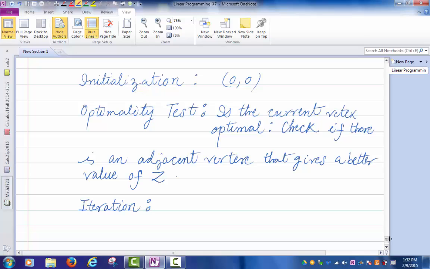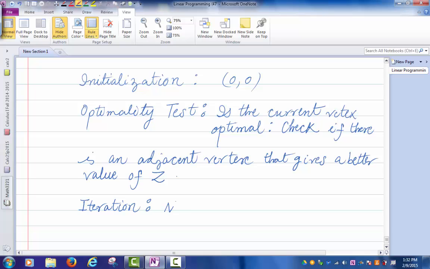If the answer is no, it's like an if-then statement in programming: I do the iteration step, where I move to a better adjacent vertex.